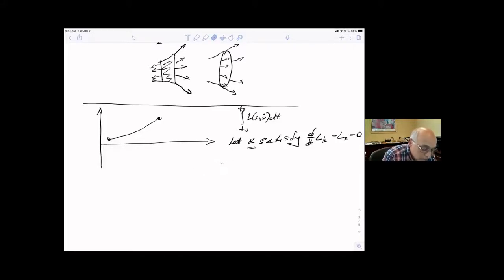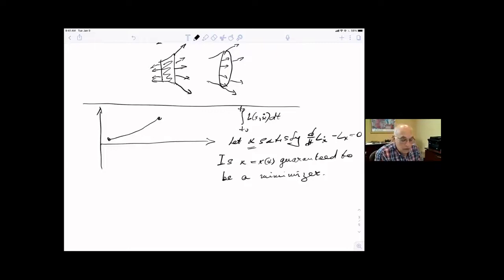Is such X guaranteed to be a minimizer? Well, a similar question in calculus. If a function has zero derivative, which is basically what the Euler-Lagrange equation is the analog of, it's kind of saying that this functional has a zero derivative at this quote unquote point.